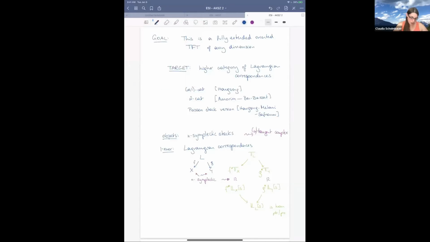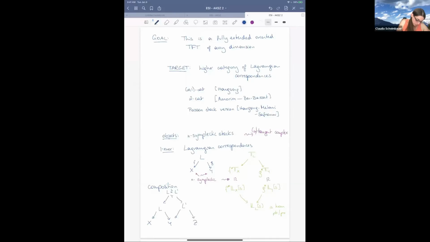So what's composition in this situation? So composition, if I now have two such Lagrangians, will be, well, we simply take the homotopy pullback.